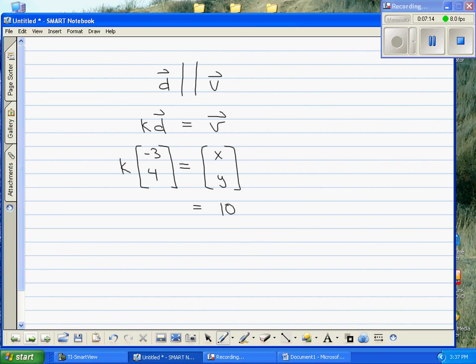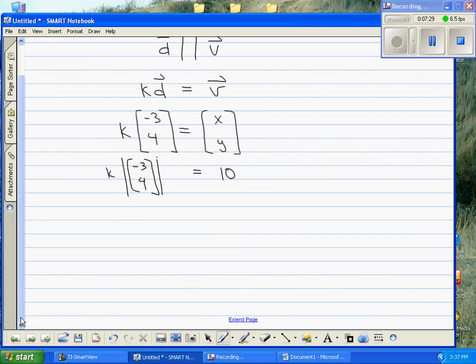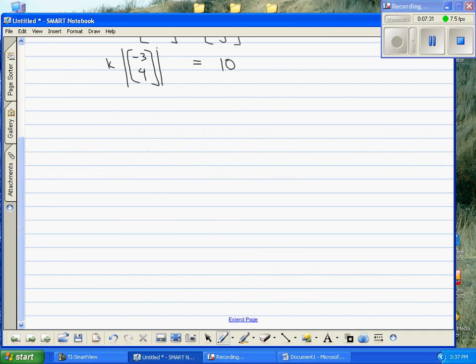Remember, magnitude is written in absolute value. That means that the magnitude of V is equal to k times the square root of -3 squared plus 4 squared, which we want to be 10 miles per hour.